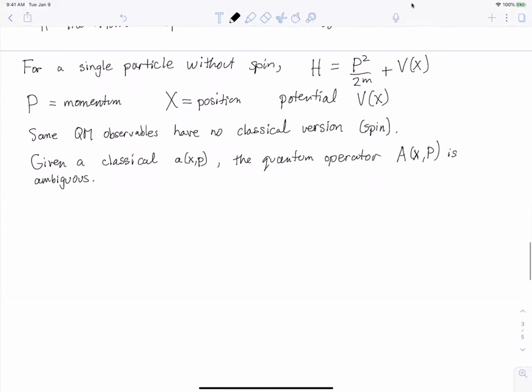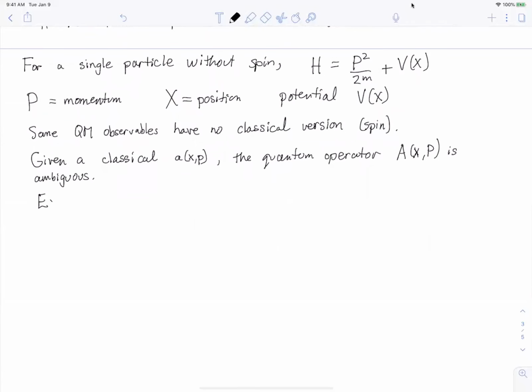Okay, so just as an example, let's say my classical observable is just the product of position and momentum. So one thing you could try is to define capital A equals the product of the corresponding operators. The problem with that is you can check that this is not Hermitian.